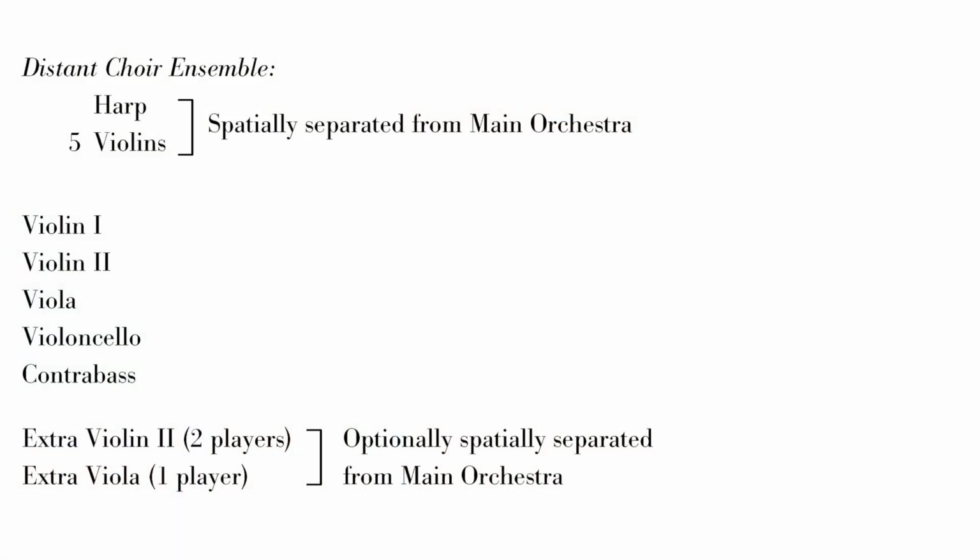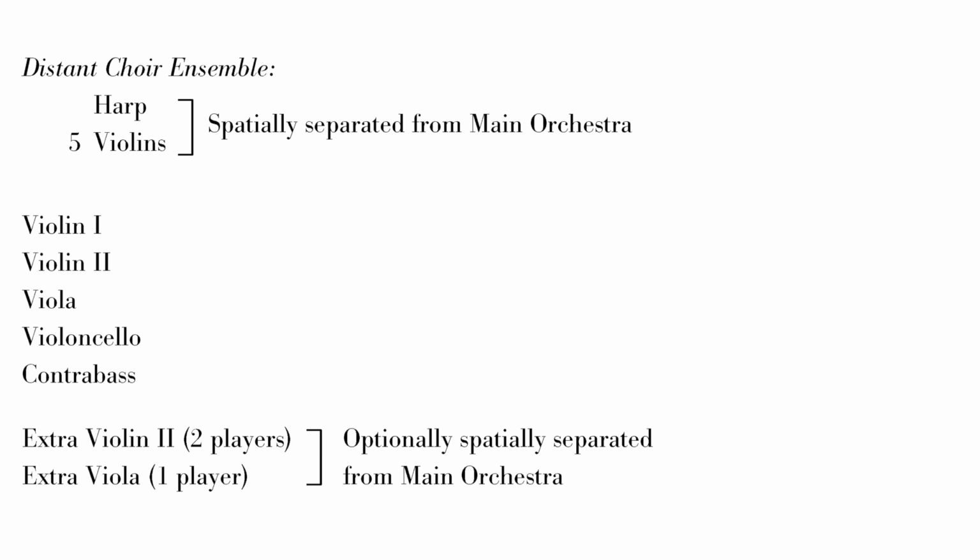But this symphony has some interesting requirements in terms of the spatial location of players. Now remember that there is a distant choir of 5 violins and harp that plays in the first and the fourth movements, and it is to be spatially separated from the main orchestra. So it may be logistically impossible for the players of that group to move down from it after the first movement to play with the main orchestra during the second and third movements, and then again to move back to it between the third and the fourth movements.